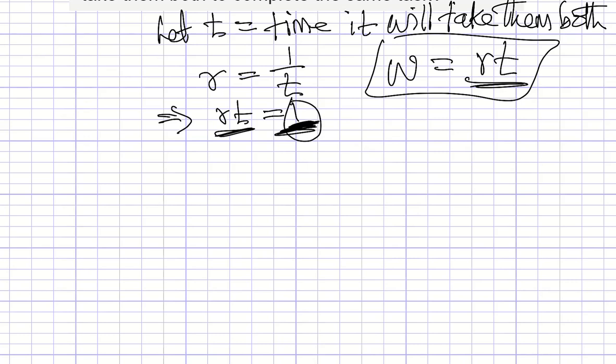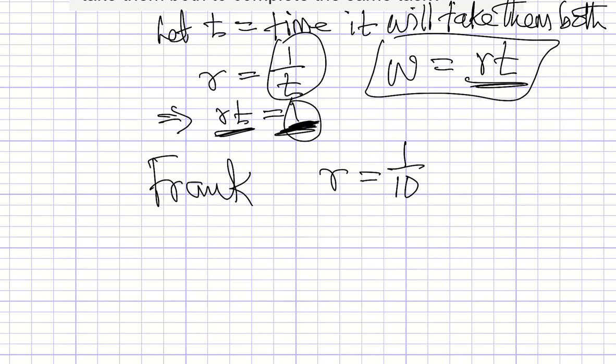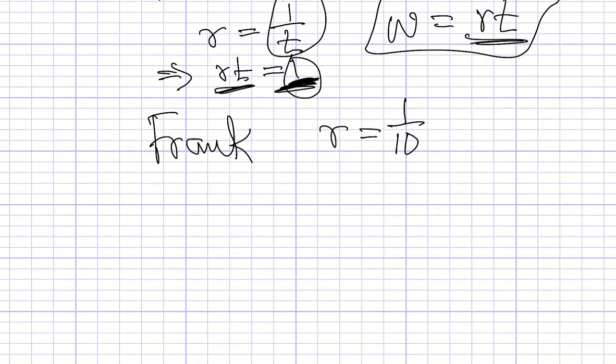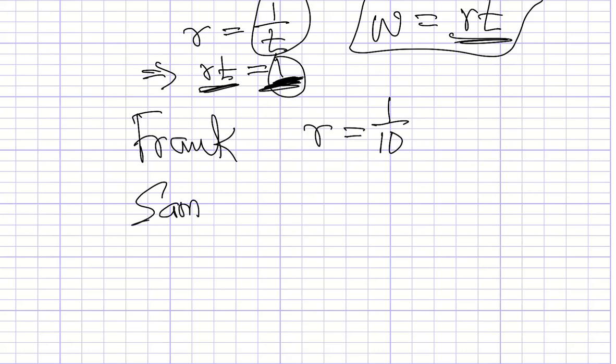Now, we are told that Frank will complete the job in 10 hours, so Frank's rate is 1 over 10. And Sam will complete the job in 15 hours, so Sam's rate is 1 over 15, okay?